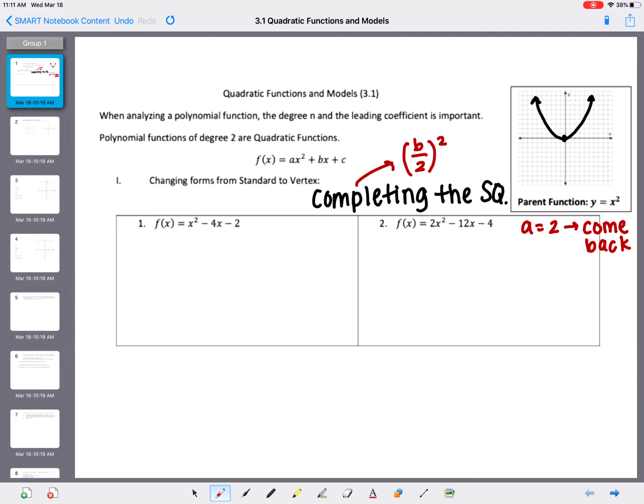When I start this problem, I'm going to set this equation equal to 0. My first step is to get rid of a, let a be 1, so I'm going to divide every term by that a value. This will leave me with a new quadratic, x squared minus 6x minus 2.